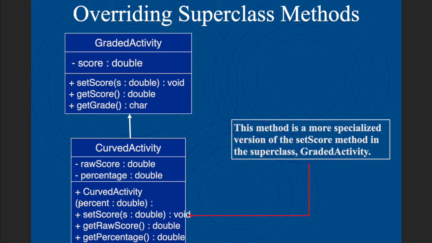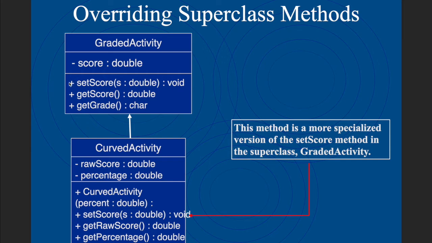Also, it has some specialized methods: the constructor CurvedActivity, setScore, which you can see has the same method signature as the superclass, and getRawScore and getPercentage. This setScore method takes a double as a parameter and returns nothing, it's void. And they are exactly the same, you can see.